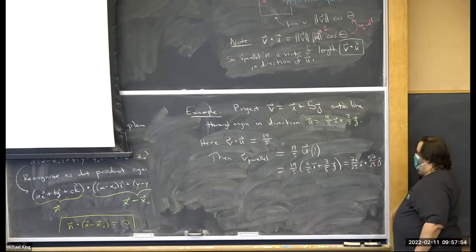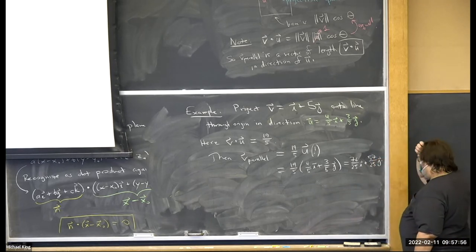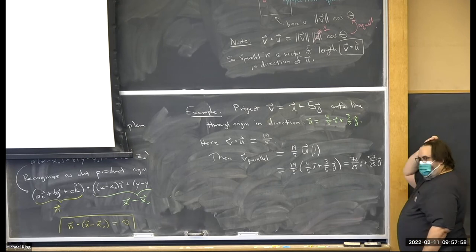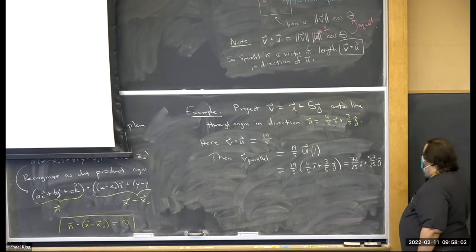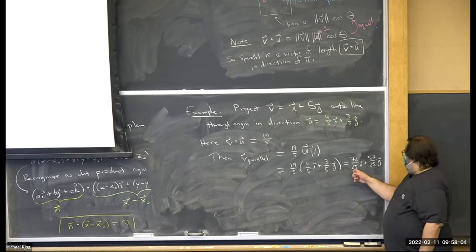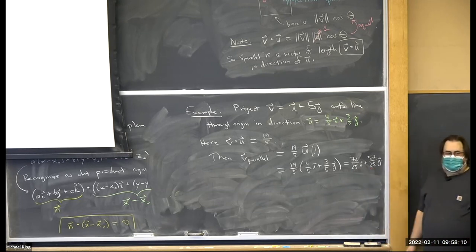I wish I had the picture still. If you drew this carefully on graph paper and actually tried to draw the perpendicular, you could probably convince yourself that you end up on something a little bigger than 3i and a little bigger than 2j. Did I do those multiplications right? I don't know. But that's the actual vector.